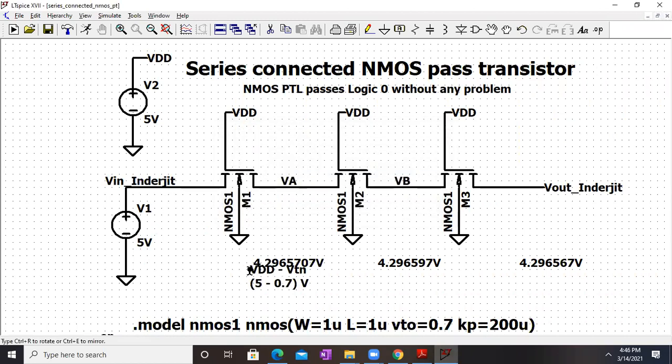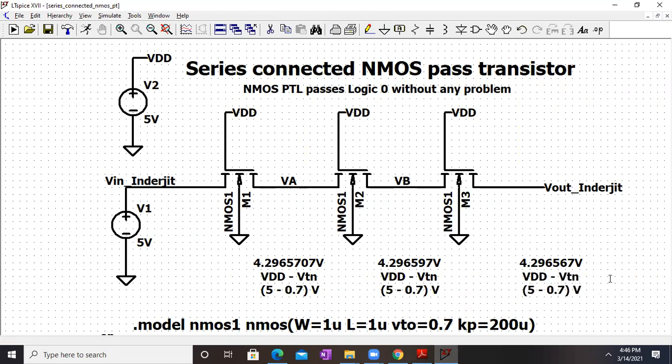Yes, so this is what is happening. We are getting VDD minus VTN voltage everywhere, and that is what we got: 4.2965 volt as VA value, VB value also 4.2965, and V out value also 4.2965.